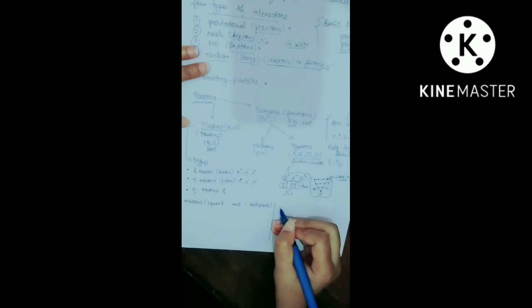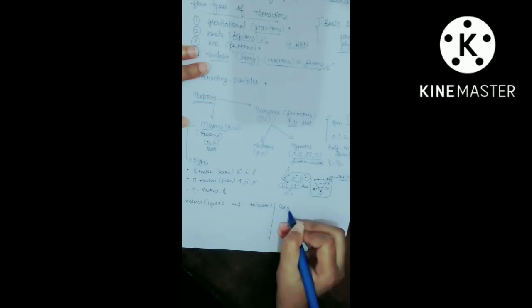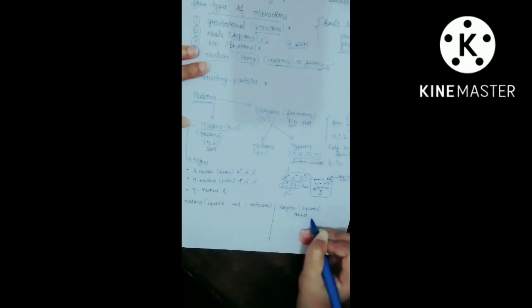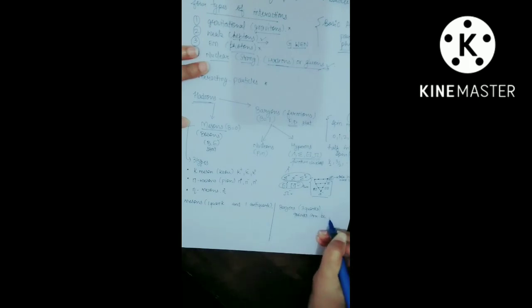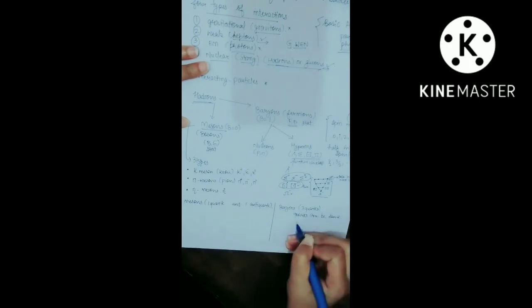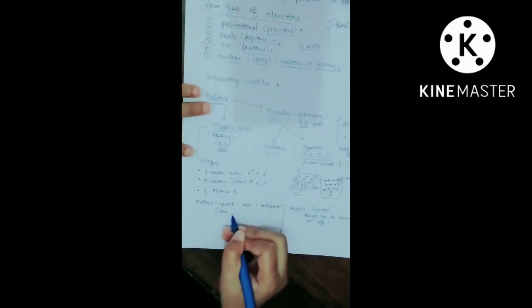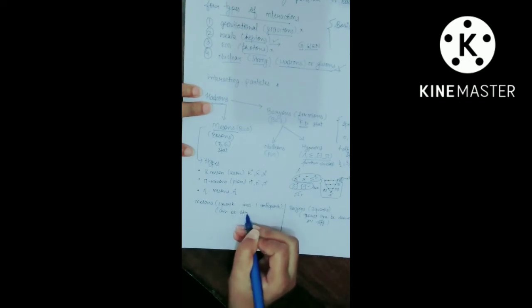Because quarks are responsible for the basic intrinsic quantum numbers, which are lepton number, baryon number, hypercharge and isospin. So these are the intrinsic quantum numbers, and these are solely interlinked with the quarks. Baryons are made up of 3 quarks.